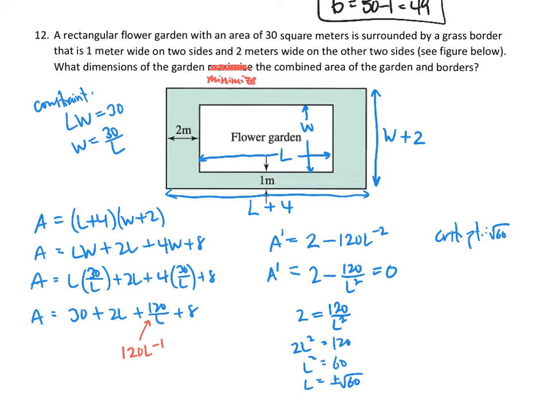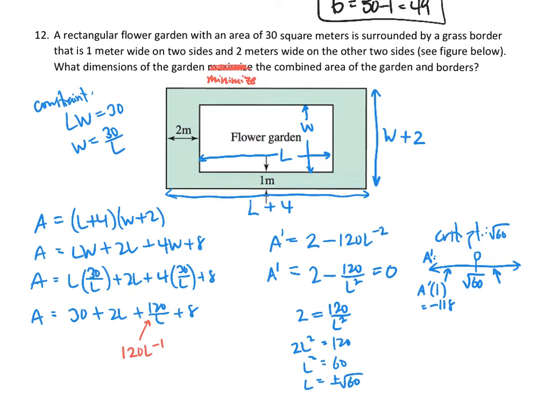Now we need to make sure that that's really the minimum that we're looking for. So we can use the first derivative test, put square root of 60 on a number line. We know that A prime is 0 there, so we pick a number less than square root of 60, pick a number bigger than square root of 60, plug those numbers into our derivative. So something less than square root of 60, how about 1? So A prime of 1, that's going to be 2 minus 120 over 1 squared, that's going to be negative 118.